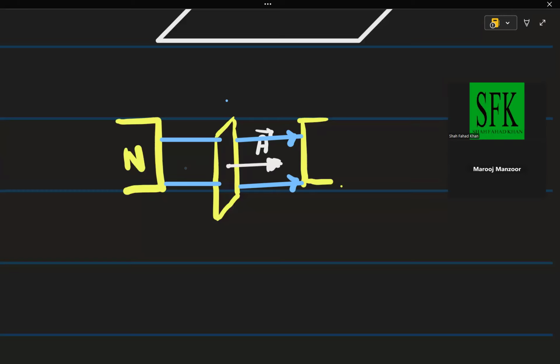Now, this is the magnetic field. Just a second, please.